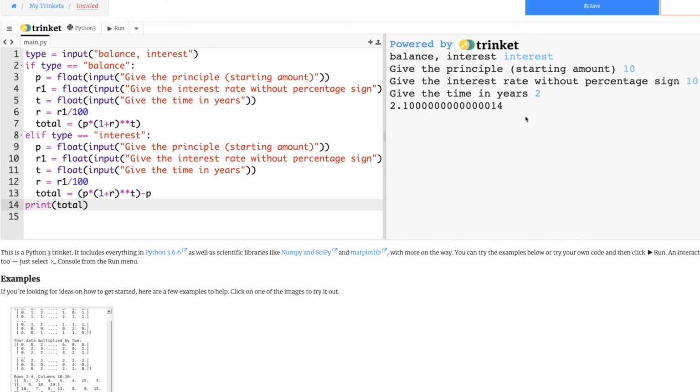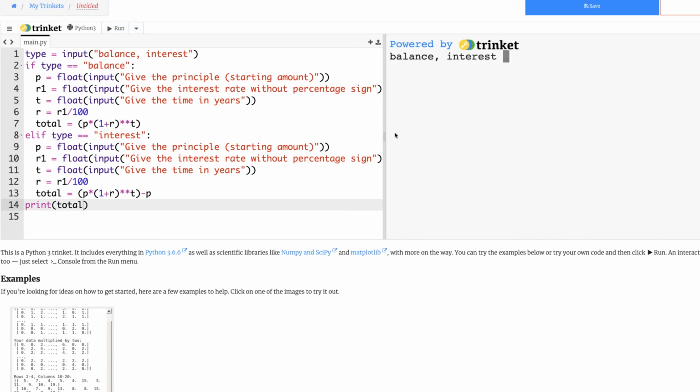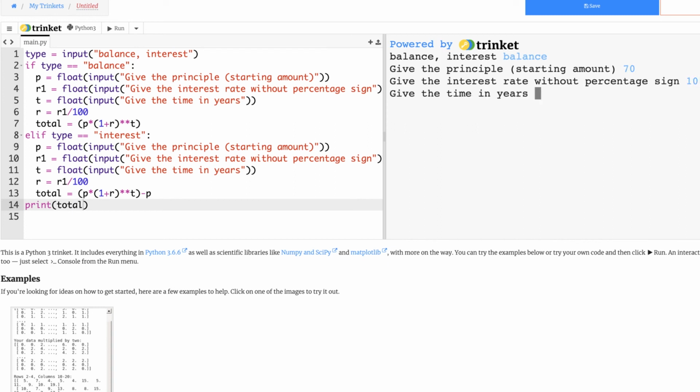Now let's try the balance question. So we give the type balance, give the principal, which is 70, give the interest rate, which is 10, give the time in years, which is 2. So 84.70.